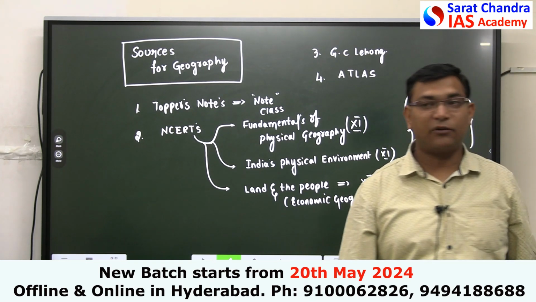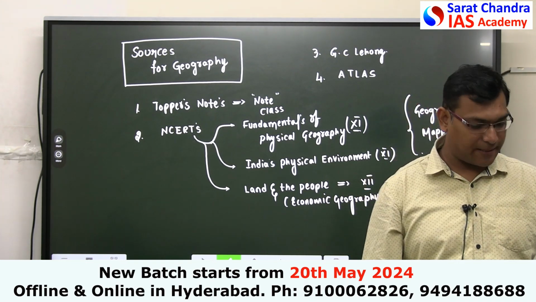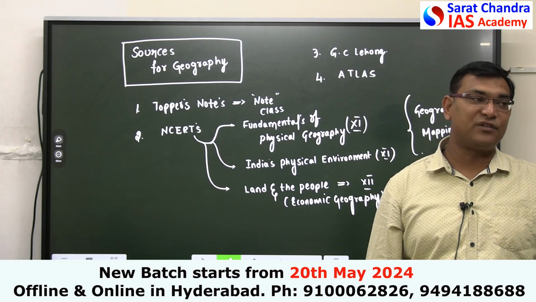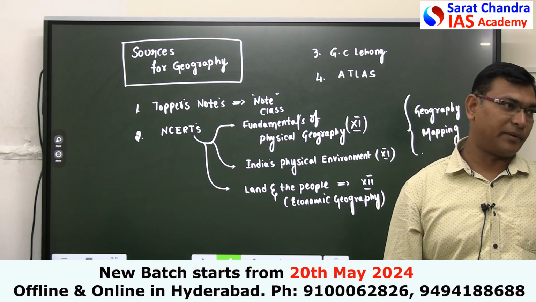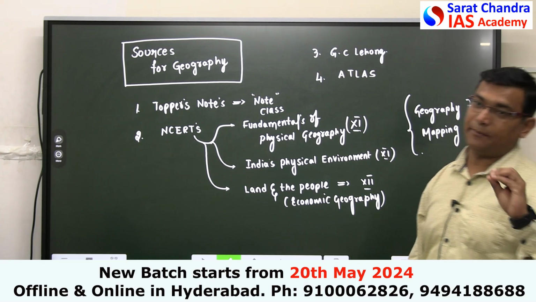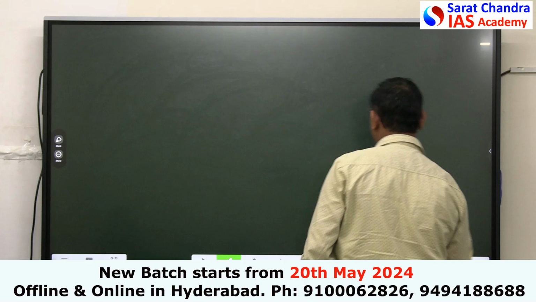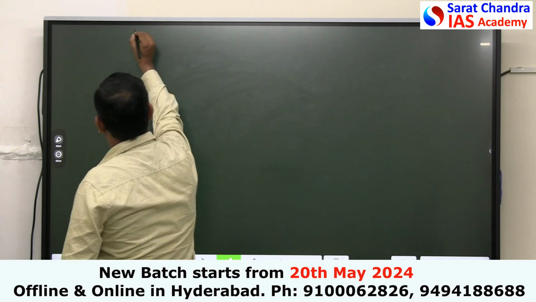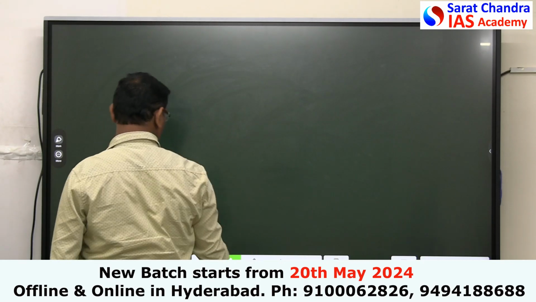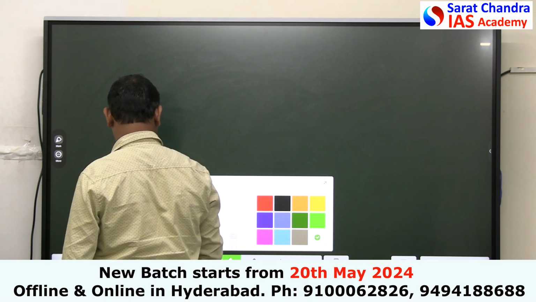Now we will start with the first chapter, salient features of world physical geography. First topic. In that we will start with climatology. Shall I? See here.